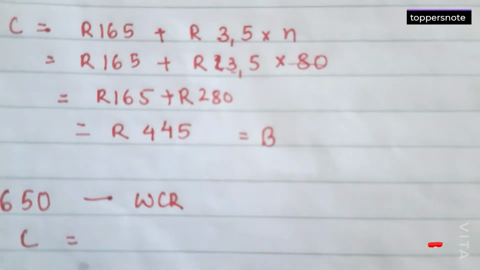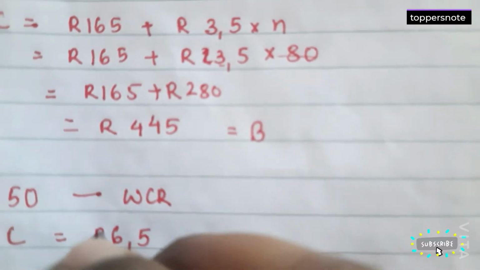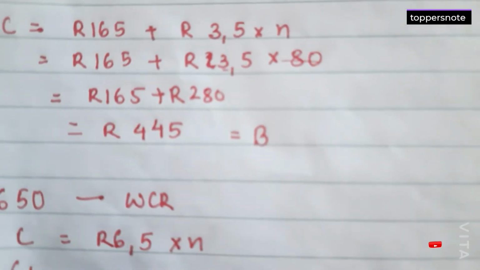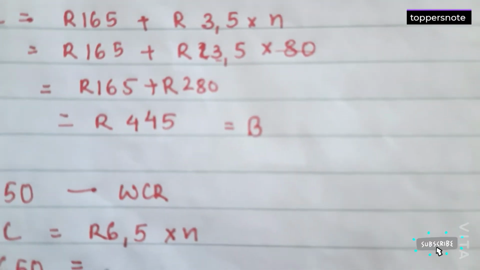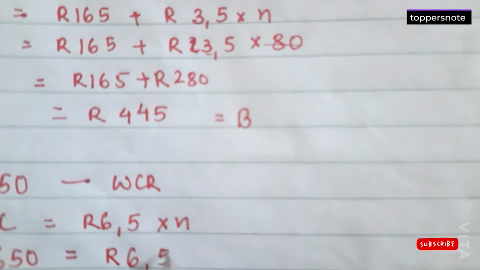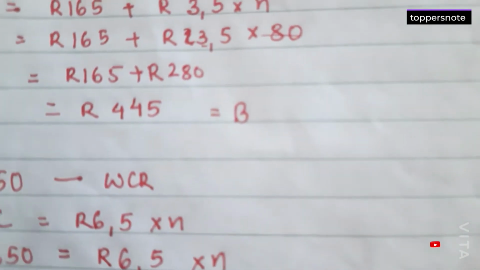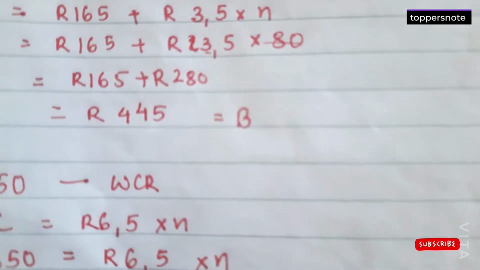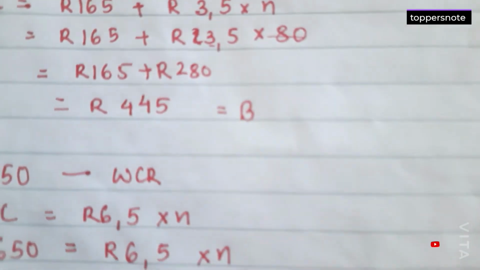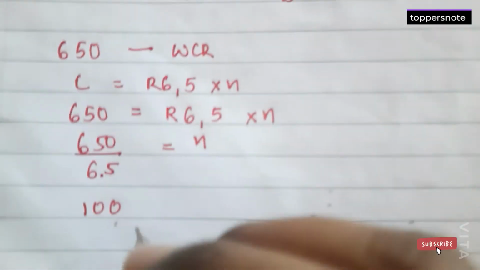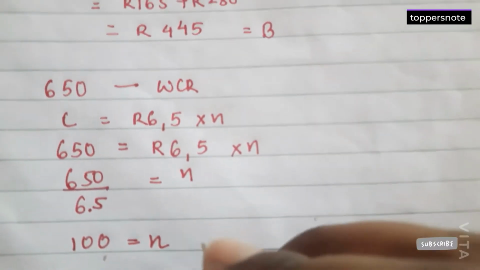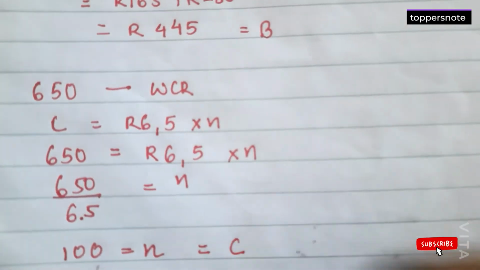So the cost is equal to 6.5 into N. Our C is 650. We have to find the N, so we have to divide it. So you will be getting 100. So 100 is nothing but your C.